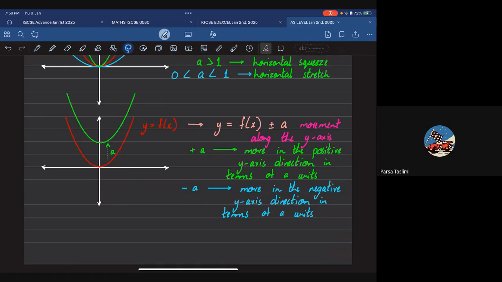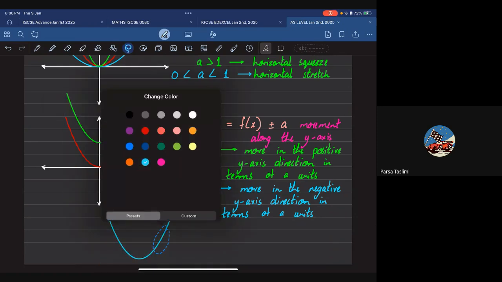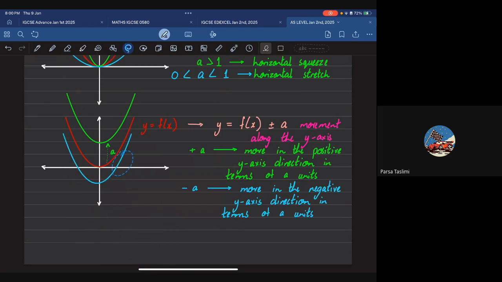How is that going to happen? Take this graph, duplicate it, color it. When you color it, I'm going to put it down because now you've moved negative units. So it's going to be like this.